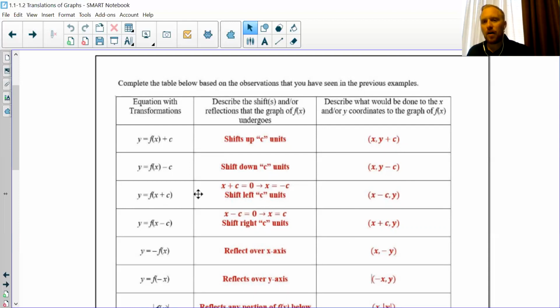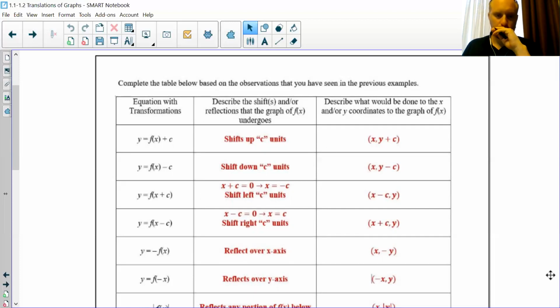Okay. Now, our value inside the parentheses, if that value, when we set x equal to 0, comes out negative, then it shifts it to the left. Okay. So if it's shifting left, that means it's horizontal shifts. So that's looking at the x value. You're manipulating the x value.